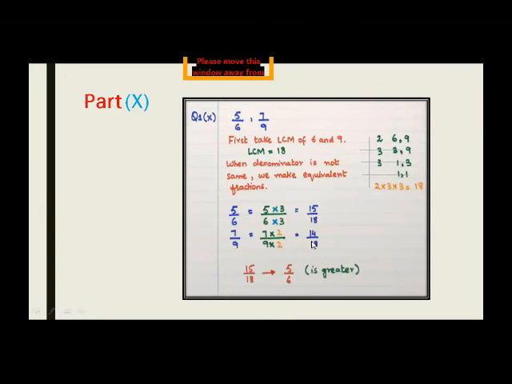Now see, the denominators are the same. Now 15, 14: which number is greater? 15 is greater. So this 15 upon 18, which means 5 upon 6, is the greater fraction. So among 5 upon 6 and 7 upon 9, the fraction 5 upon 6 is greater.